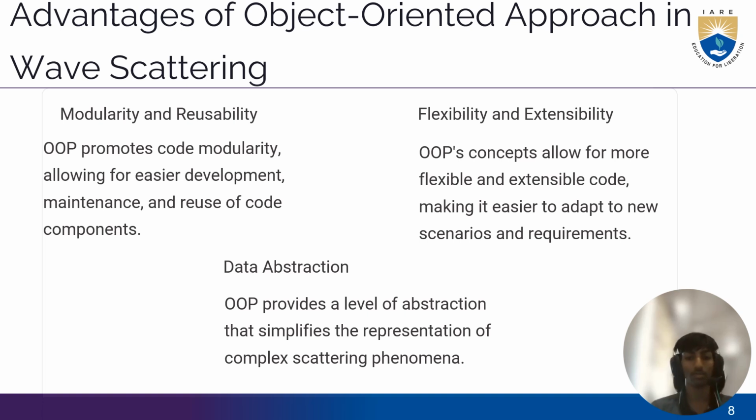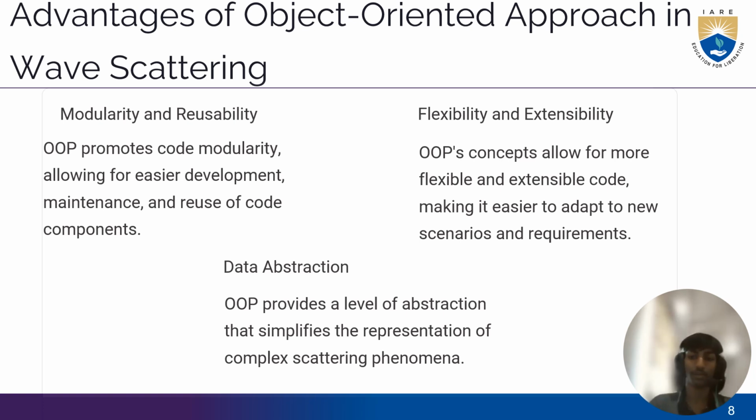This concept allows for more flexible and extensible code, making it easy to adapt to new scenarios and requirements. Data abstraction. OOPS provides a level of abstraction that simplifies the representation of complex scattering phenomena.